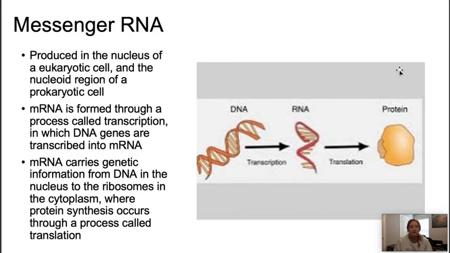The mRNA carries genetic information from that DNA molecule in the nucleus to the ribosomes in the cytoplasm, where protein synthesis occurs through a process called translation. So you have to have that mRNA occur because mRNA is what is grabbing that information from the DNA, taking it outside of the nucleus to the cytoplasm to that ribosome.